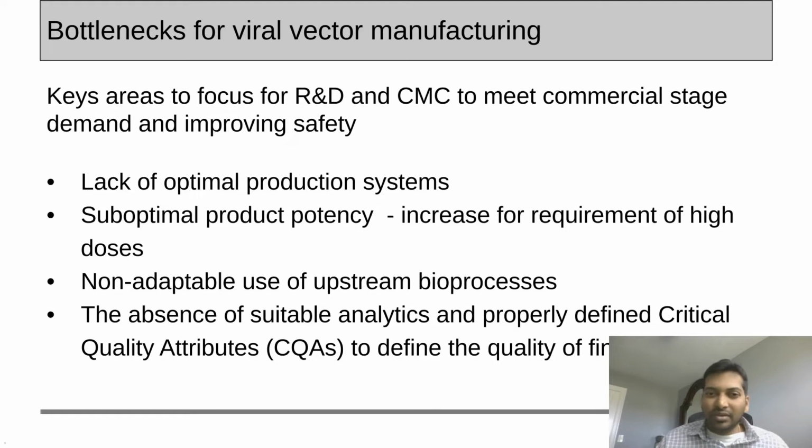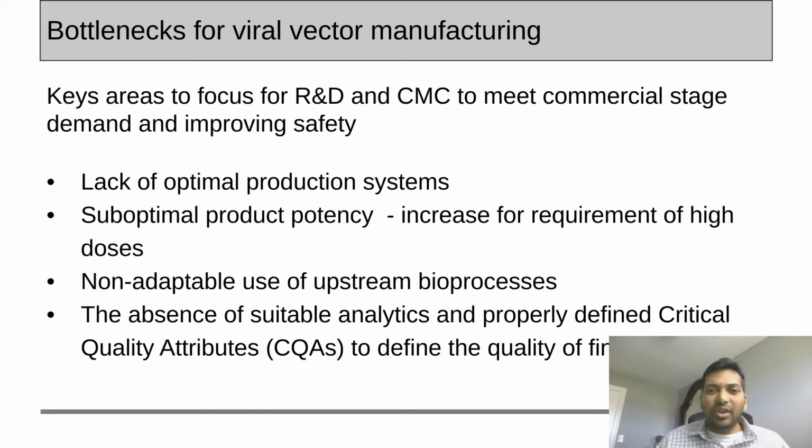The biggest challenge with this process is that when you deal with multiple steps for production, it's not always robust, and the variation is very high from lot to lot production, which delays most of the production, or you have to do multiple lots to get enough product.